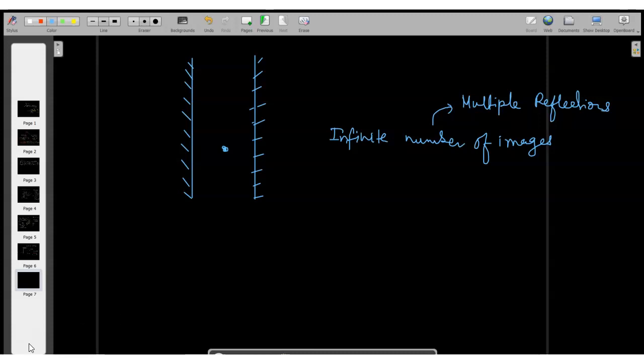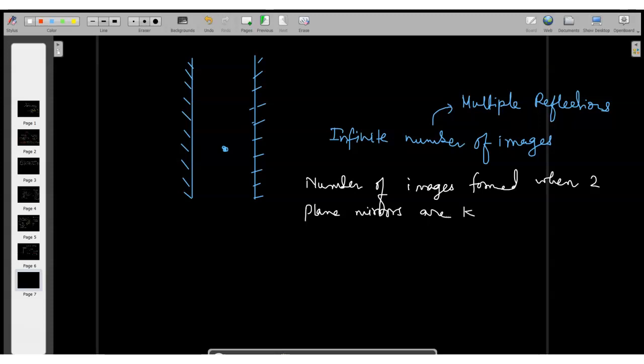Okay, so if you want to calculate the number of images formed when two plane mirrors are kept inclined to each other, how are we going to find that?